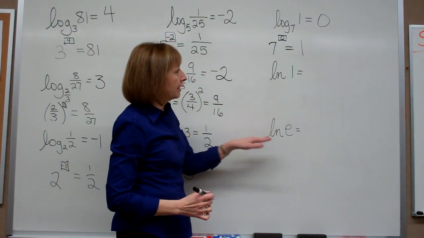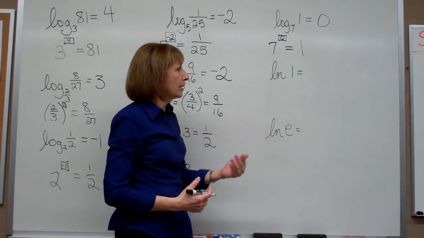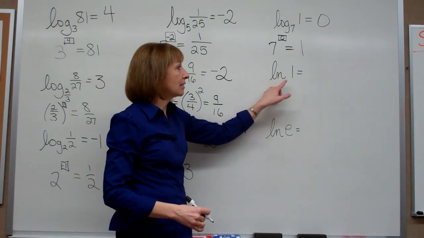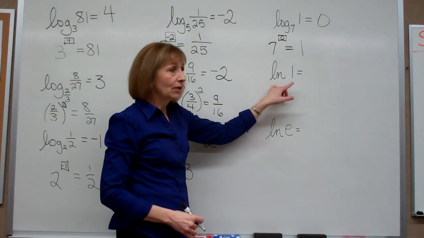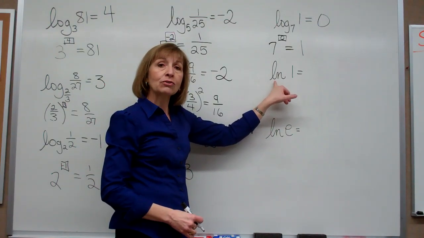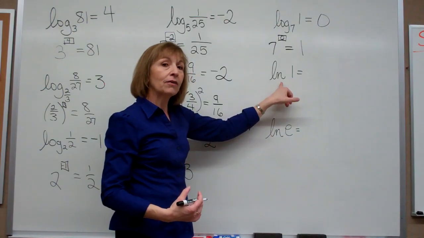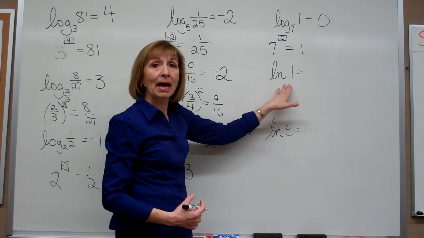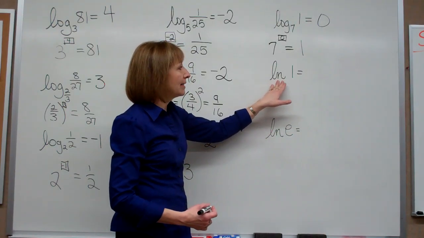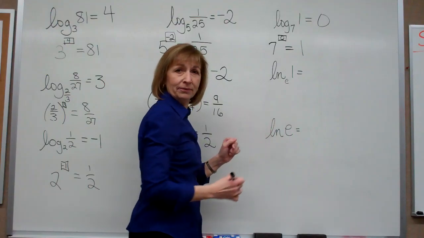Now here's where we're coming into some new different ways of asking a log question. It's ln instead of log, and there's no base showing. When it's ln, that's the natural log, and the natural log's base is e. They don't write it in there, they're telling you that the base is e by spelling it ln for natural log. So when I see natural log, I want to remember that there's a base of e there.